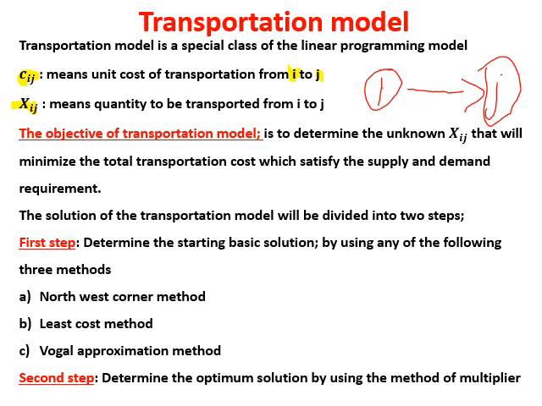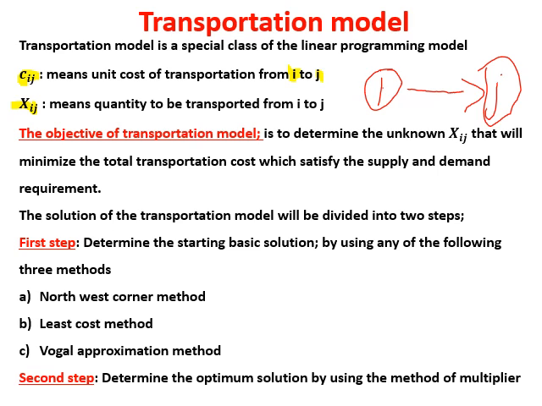The solution of the transportation model will be divided into two parts. The first part is determining the basic starting solution, and we will introduce in this chapter three different methods to get the starting solution for any linear transportation model.